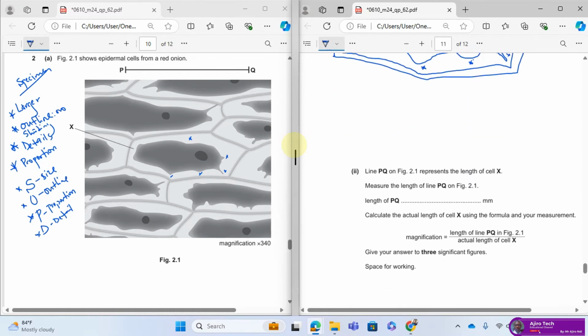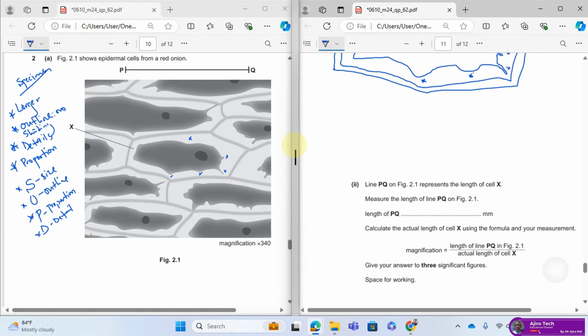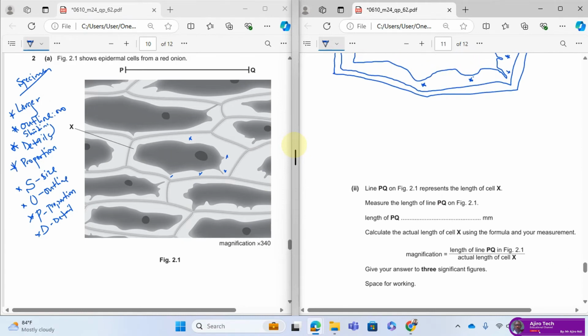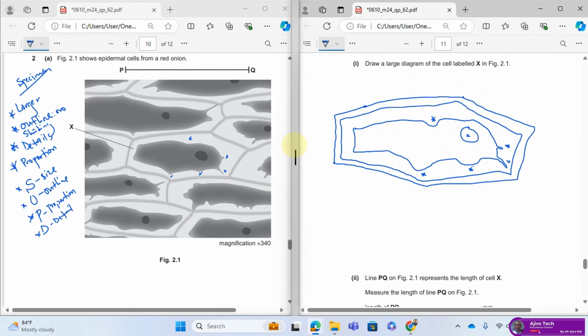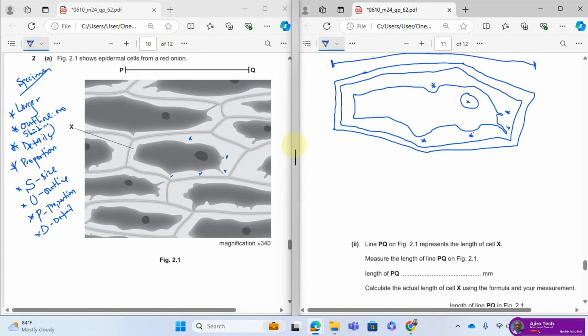They said line PQ on fig 2.1 represents the length of cell X. Measure the length of line PQ on the diagram and use the length. All you do in measuring is place your ruler at this edge and take the length of this line, of your drawing, and of course it's in millimeters.